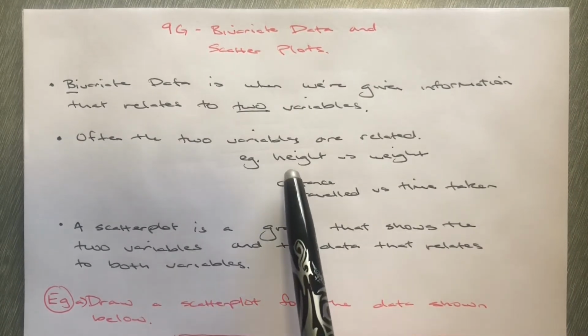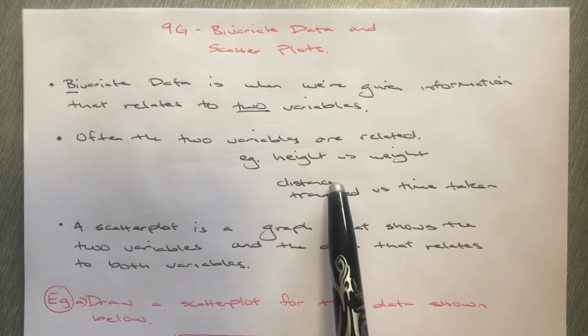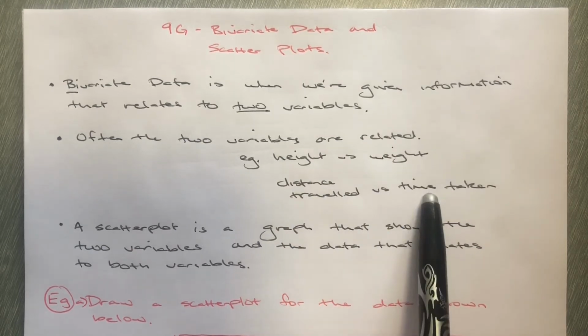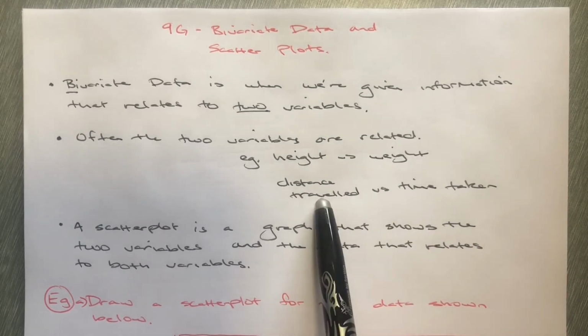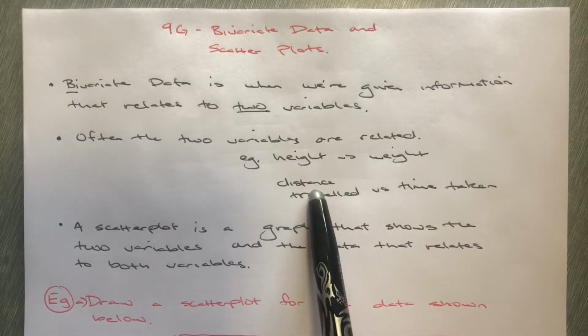For example, height and weight would be related. Someone's weight probably depends on how tall they are. And if we're doing some sort of journey, the time it takes probably depends on how far you have to travel. Hopefully we can see that these variables are related.